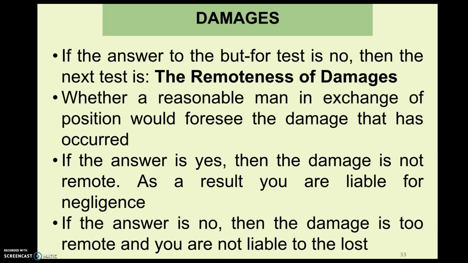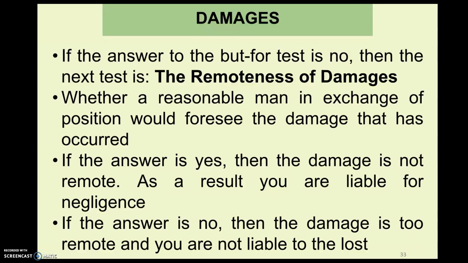Now, however, if the answer to the but-for test is no, then you move on to another test, which is remoteness of damage. Would a reasonable man in the defendant's position foresee the damage that has occurred? If the answer is yes, then the damage is not remote, and as a result you are liable.